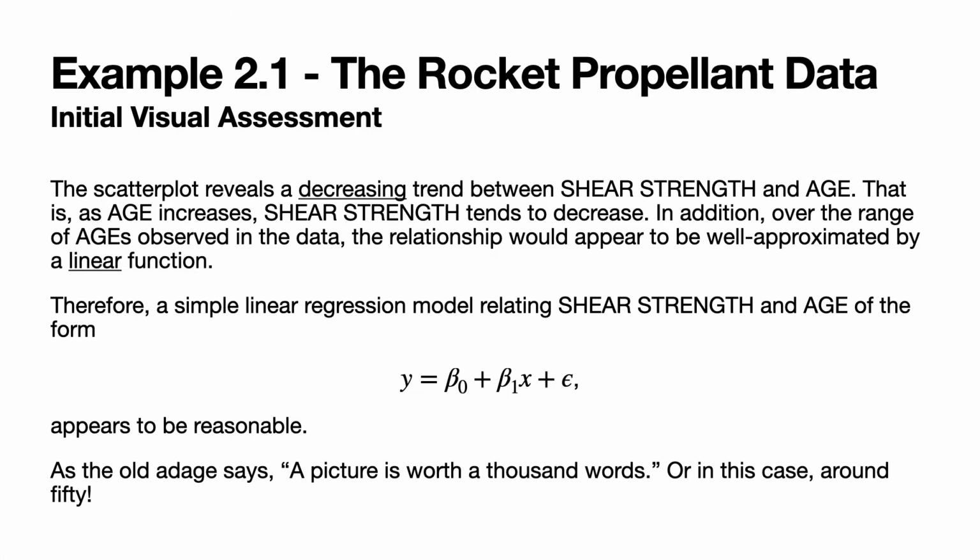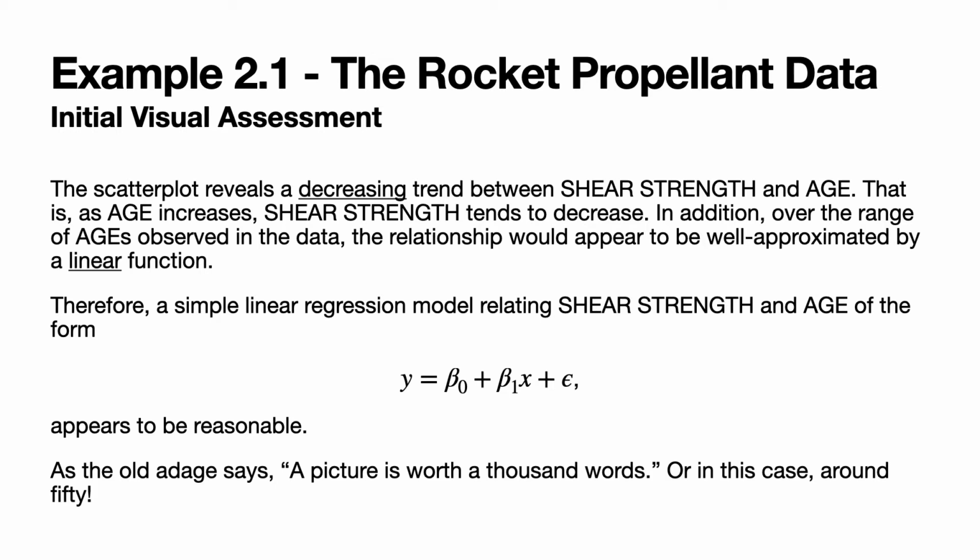The scatter plot reveals a decreasing trend between shear strength and age. That is, as age increases, shear strength tends to decrease. In addition, over the range of ages observed in the data, the relationship would appear to be well approximated by a linear function.